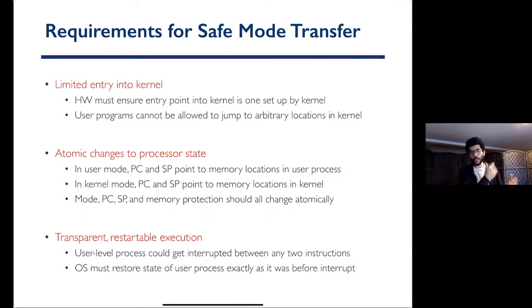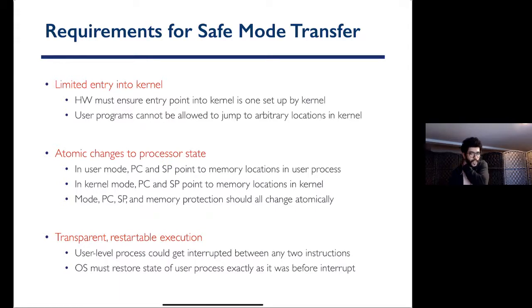Like PC is still pointing to the user code. That's dangerous, right? Because now I can run the user code in kernel mode. So I want all of these to happen at the same time, or none of them to happen. Now, the third requirement that we have is transparent and restartable execution.